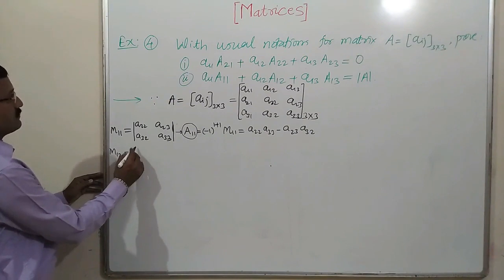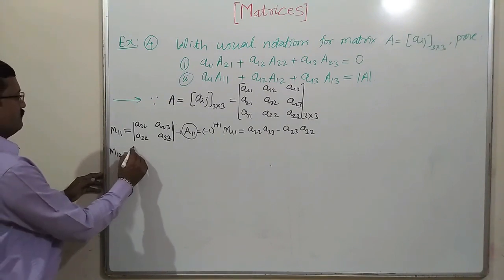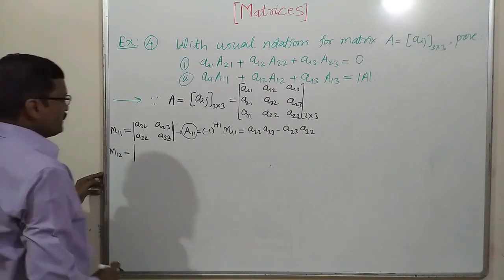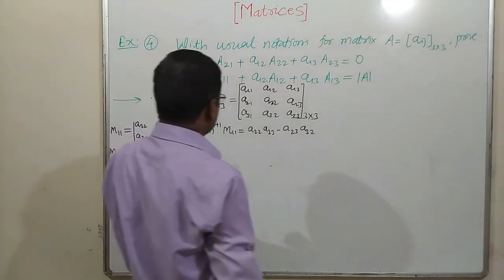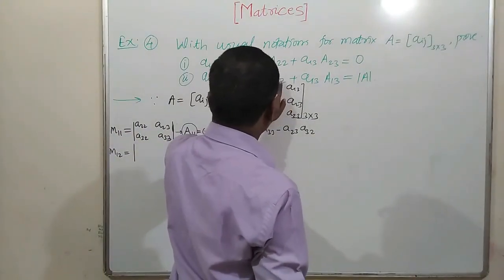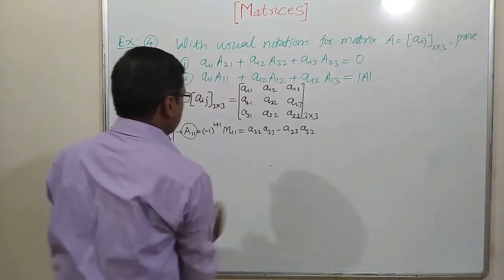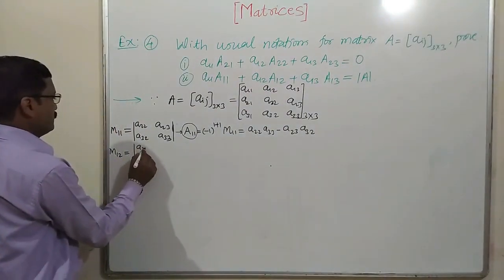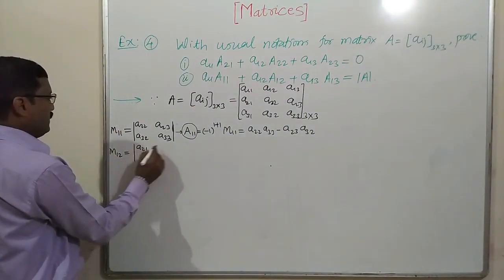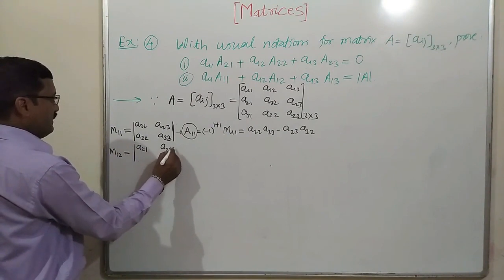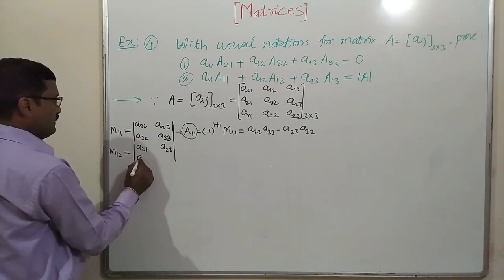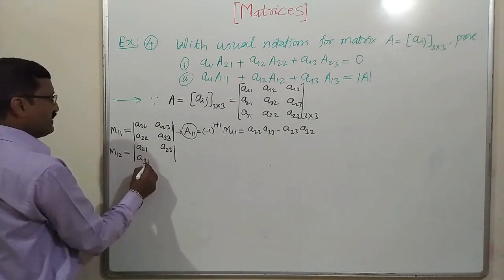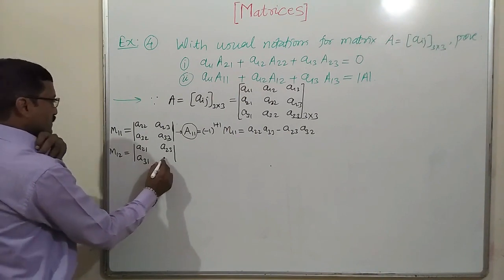Then M12. We need M12, that is first row, second column. Deleting first row and second column, we get a21, a23, and a31, a33.